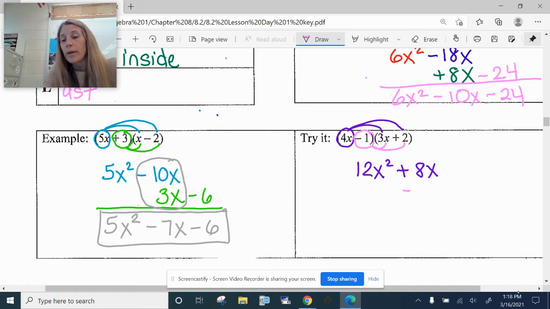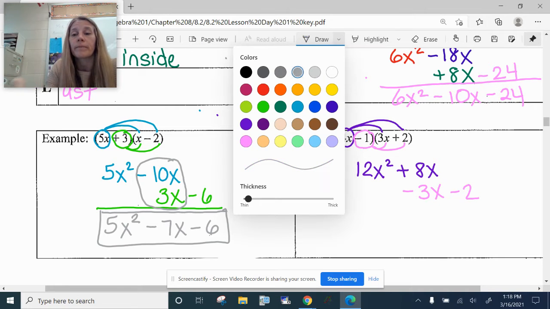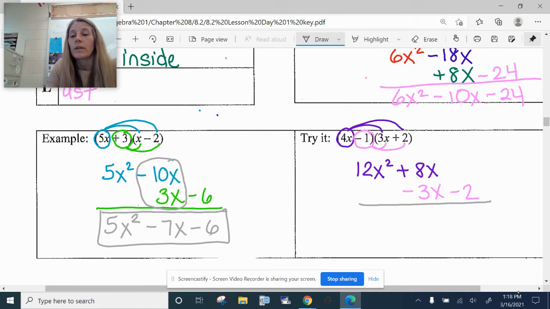Negative 1 times 3x will be negative 3x, and negative 1 times 2 would be negative 2. And now I'm going to combine any like terms. So these two in the middle are both single x's. So I'm going to have 12x squared plus 5x minus 2.